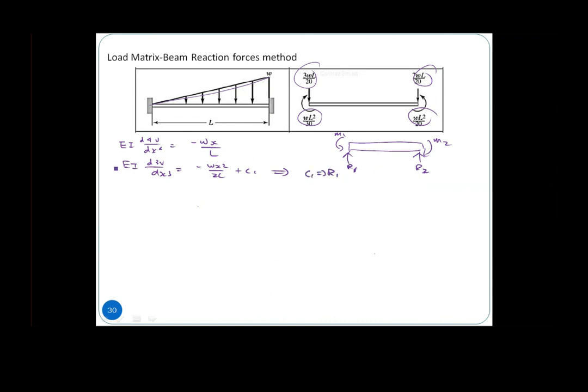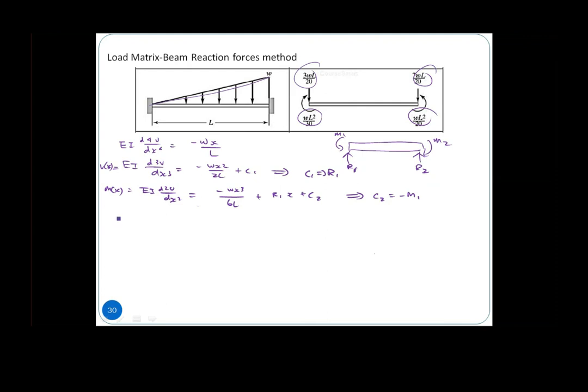Because this is our Vx. If we go further, integrate, is our Mx, EI d^2v/dx^2. Then we have negative Wx cubed over 6L plus R1 x plus C2. Again, here our C2 is negative M1, same as what we obtained in distributed load.